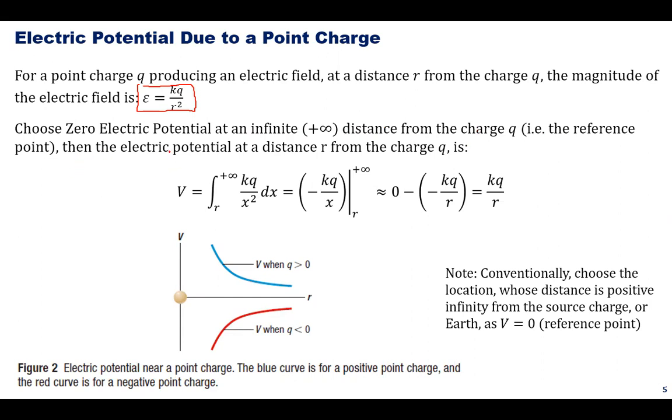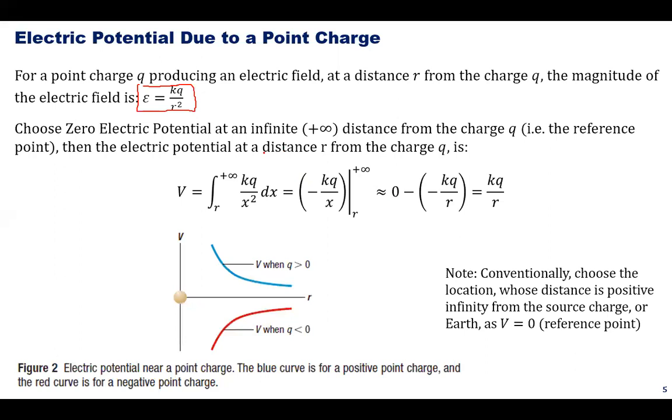Then we know the electric potential at a distance from the charge Q is given by the integration of kq over x squared dx, when x is from r to positive infinity, right? So solving this equation gives us an expression approximately equal to 0 minus kq over r, which can be simplified to kq over r.